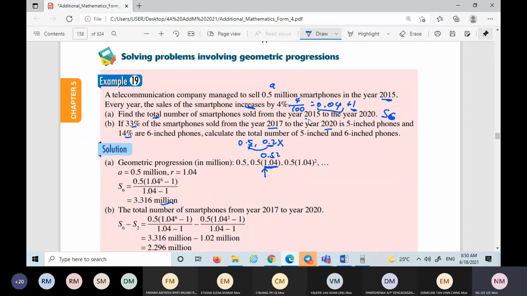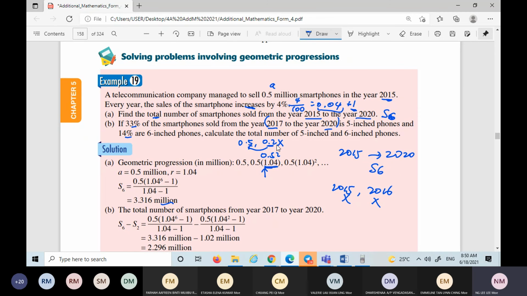Here you have 2015 to 2020. This is S6. Now they only want to concentrate on 17 to 2020. Means they don't want 15, they don't want 16. These two are the first term and the second term.